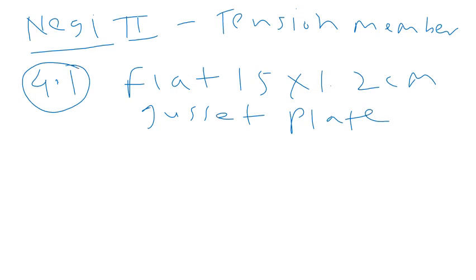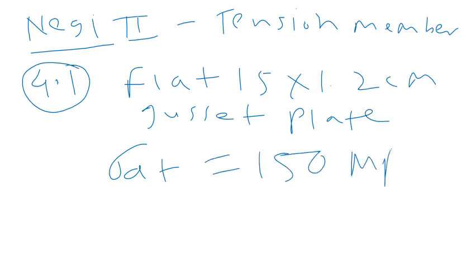So there are case A and case B. Before we go to case A and B, other inputs given are permissible tensile stress is given as 150 megapascal, and the size of the rivets is given, that is diameter is given as 22 millimeter.